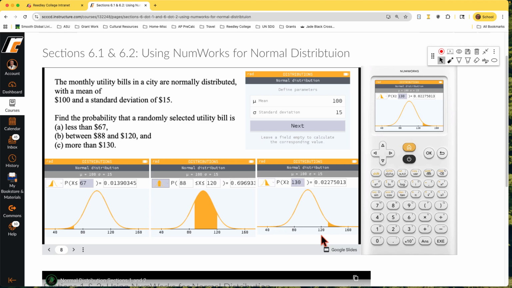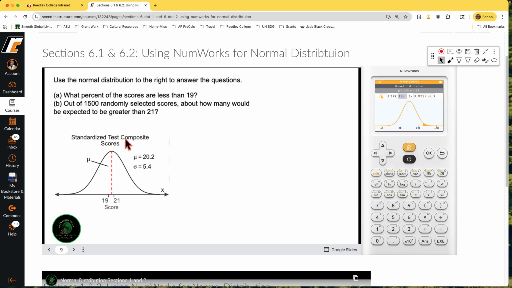So, okay, so we good? Let's see. Here's another one. What is the percent of scores less than 19? They give us the mean and the standard deviation here. Look, we can work with decimals, even if they're not pretty numbers to work with, but this handles it all, and we don't have to worry about going into the charts and trying to find things and how to draw it.